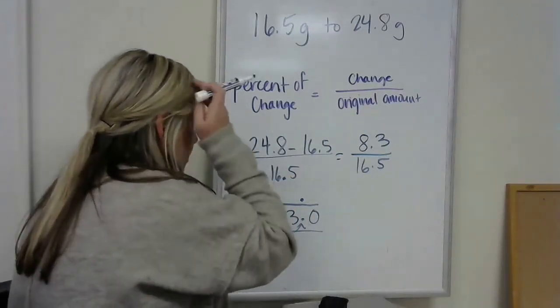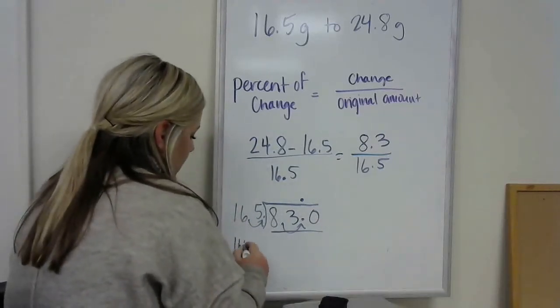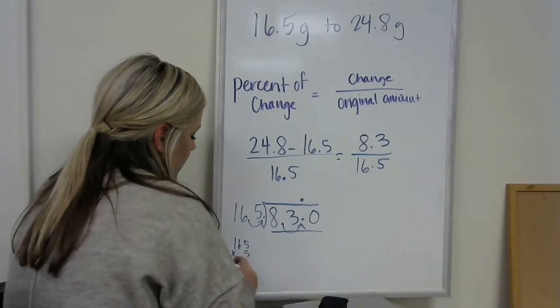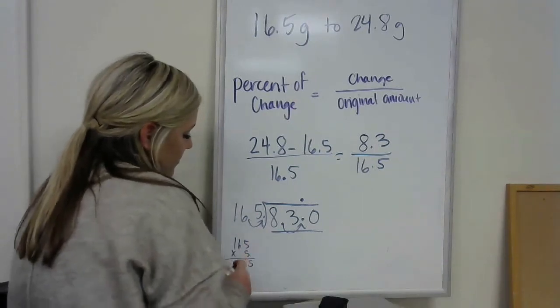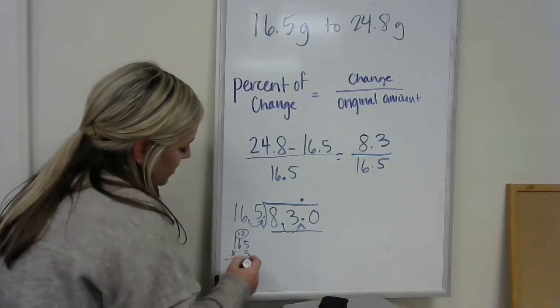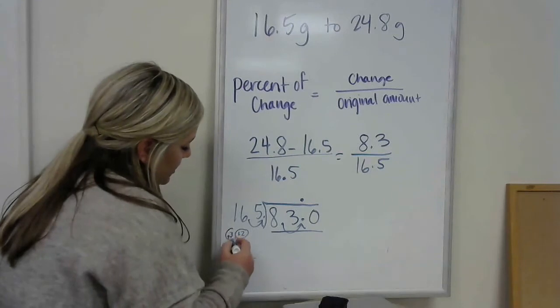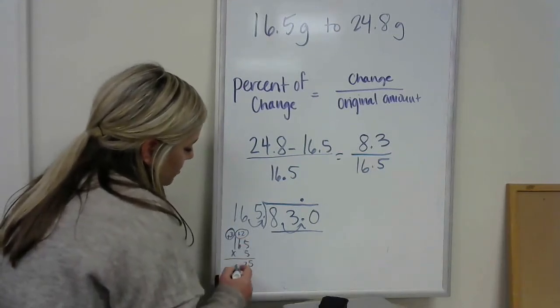165 might go into 83. I don't know. I'm going to guess 5. I'm going to do 165 times 5. 5 times 5 is 25. The 5 can stay. The 2 got to go. 6 times 5 is 30. 30 plus 2 is 32. The 2 can stay. The 3 got to go. 1 times 5 is 5, and 5 plus 3 is 8.